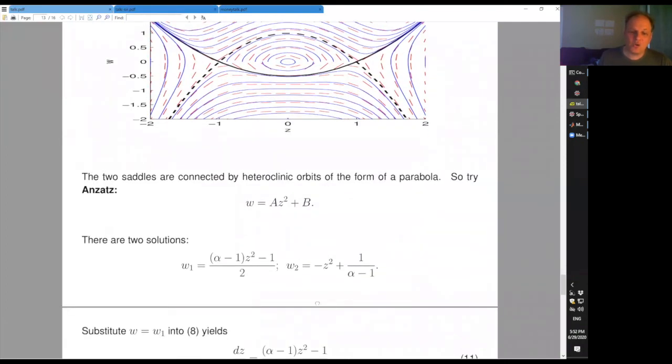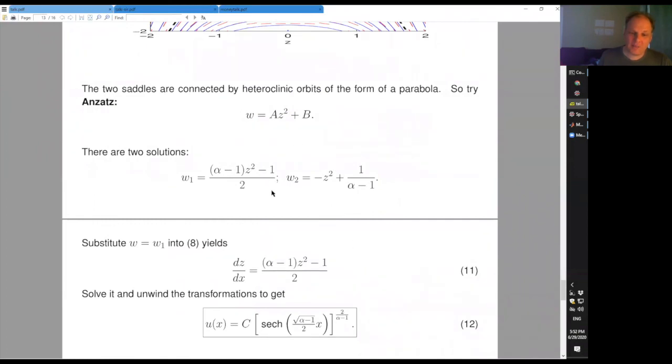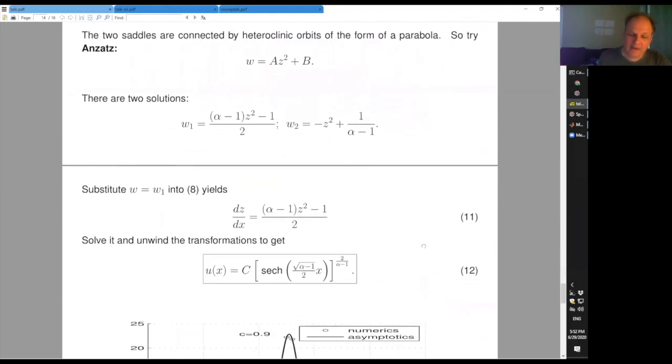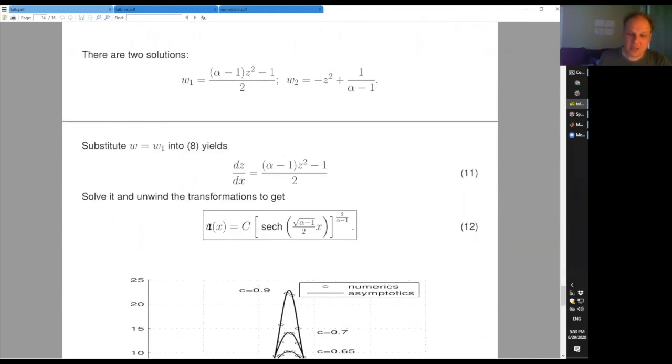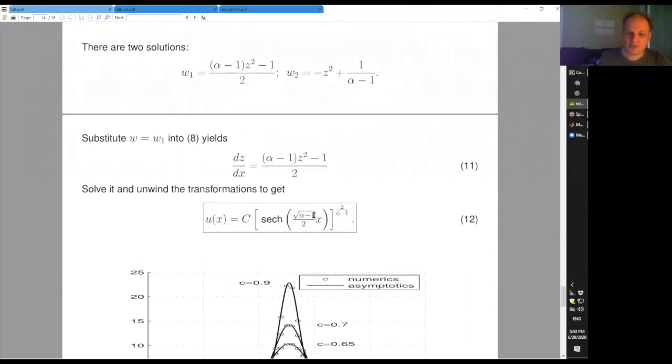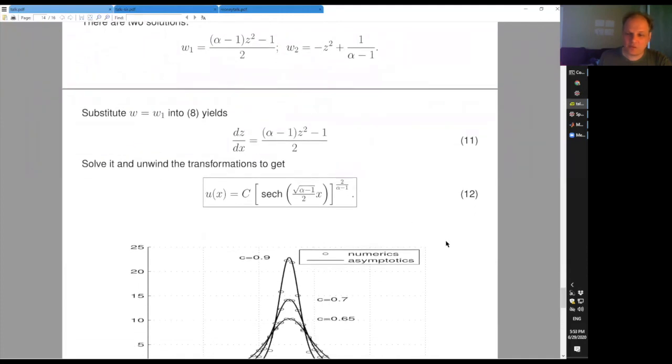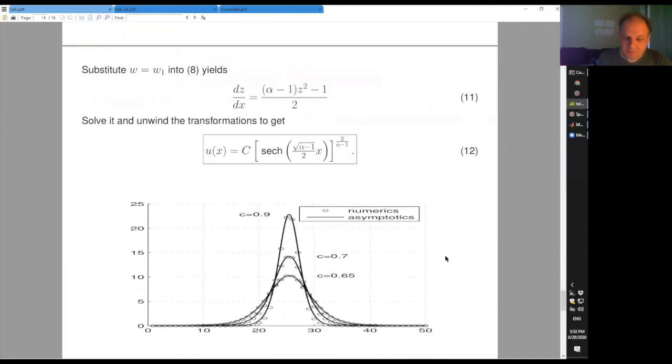And there are actually two of them. Once you have that solution, you can untransform all those changes of variables, go back to the original variables, and you get finally the solution of the profile. It looks like sech of x to some power, right? And so that's the final solution of the profile of the bump.